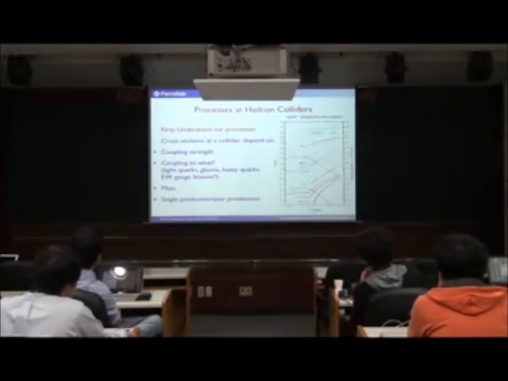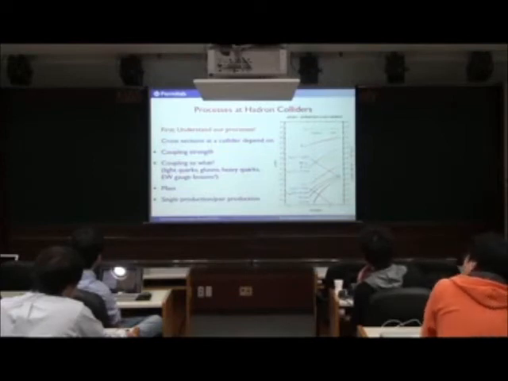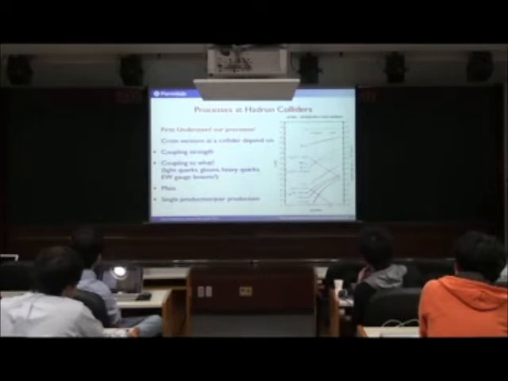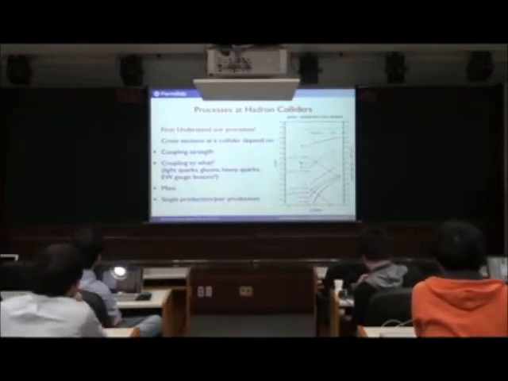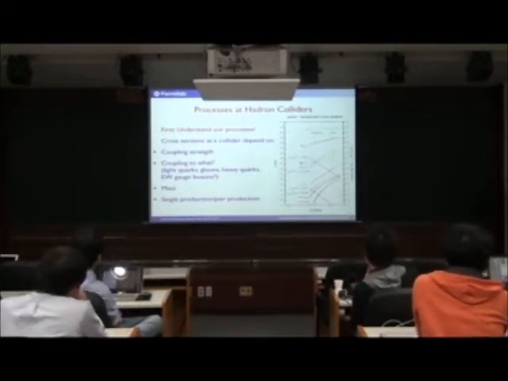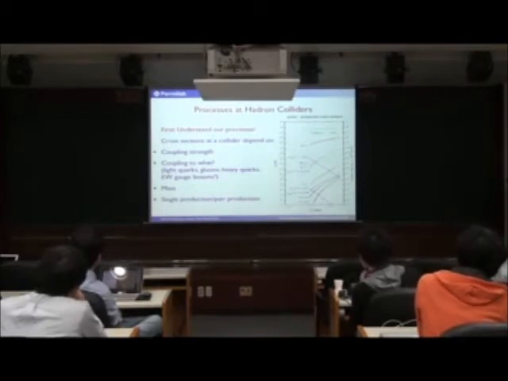If we have a new state which couples only to electroweak gauge bosons, or only to leptons, we'll have a very small cross-section compared to if it couples to gluons, which are the main component of the colliding protons and antiprotons. It depends a lot on the mass, as mass to the power -4 or so. And it depends very much on whether the new states are singly produced or pair-produced.